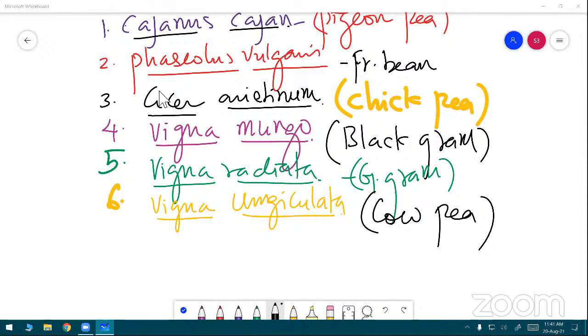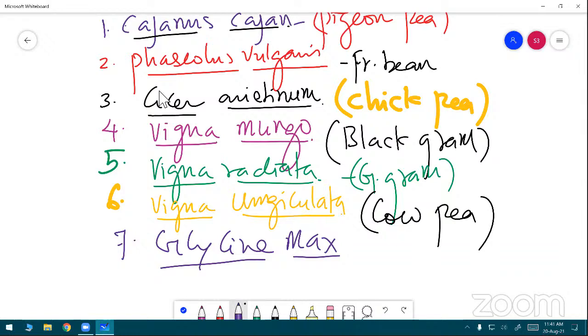And one more pulse I want to mention is Glycine max. The seventh one is Glycine max, which is nothing but the binomial of soya beans. Most of you use soya beans.